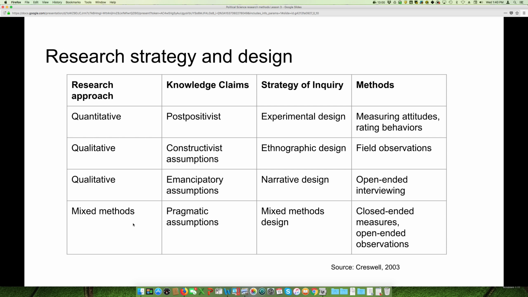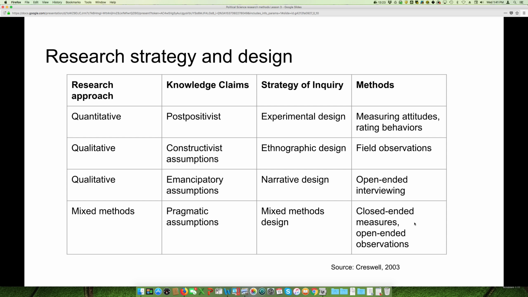And then in a mixed method approach, often you would have pragmatic assumptions, and you'd use a variety of methods, including closed-ended measures and open-ended observations. So this row really could be a lot of things.